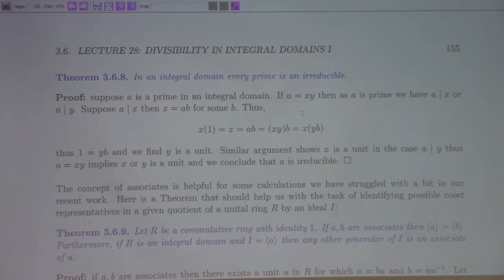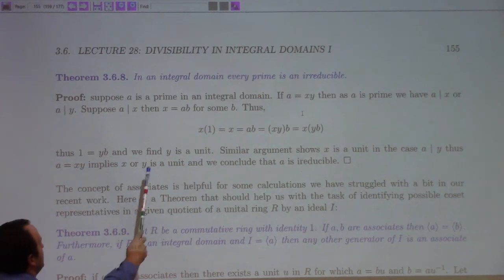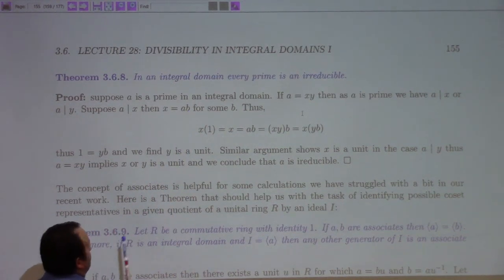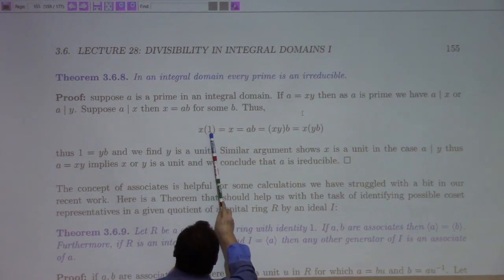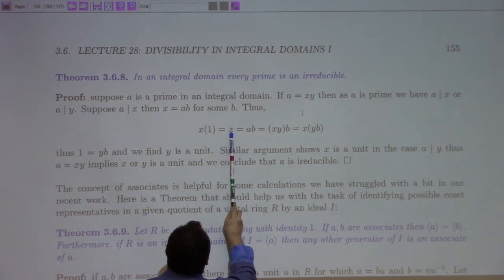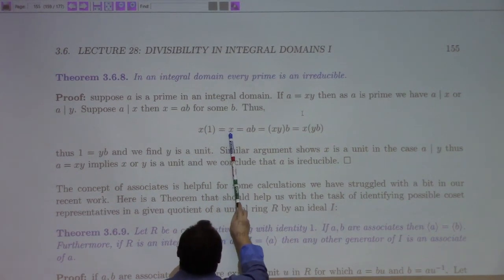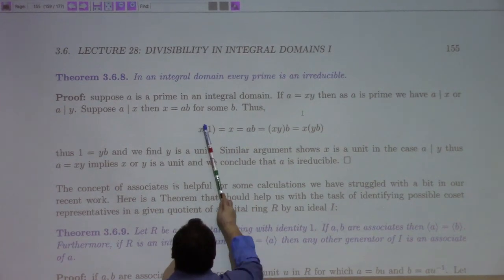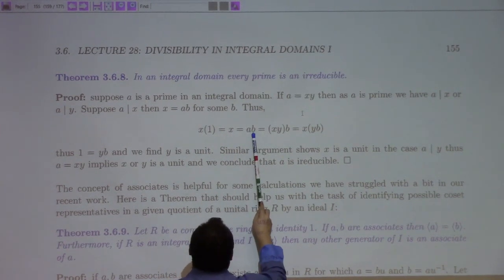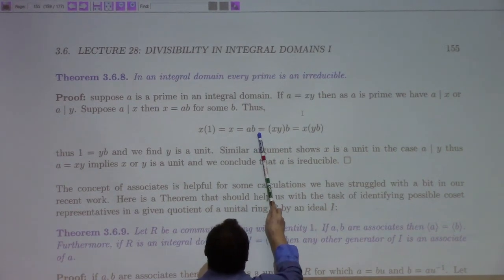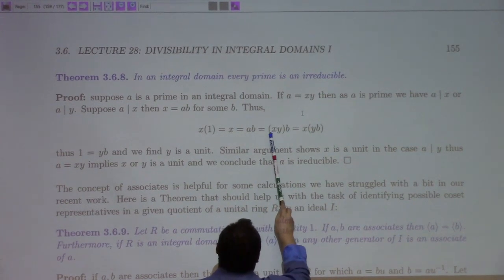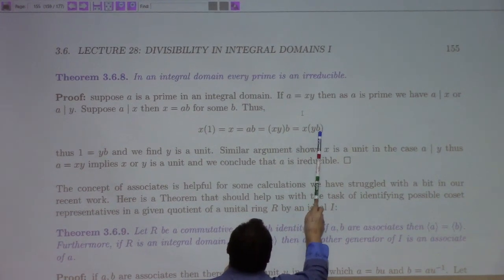So anyway, suppose a divides x. Then that means x is equal to ab, right? So look at this: x is x times 1, but we also know x is equal to ab, and we can expand a into x times y, which gives us x times yb.